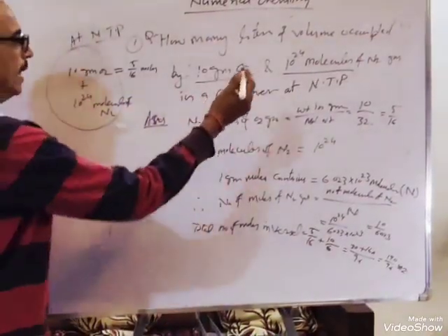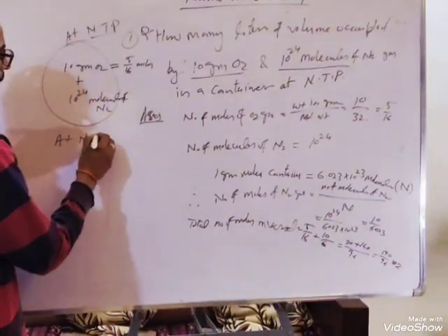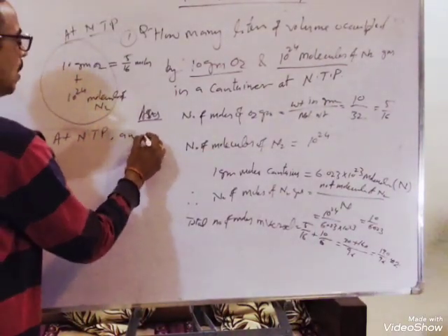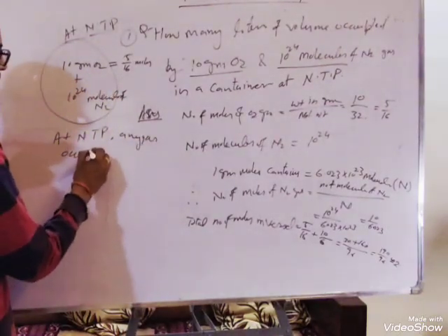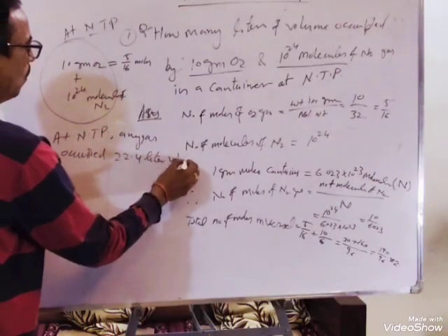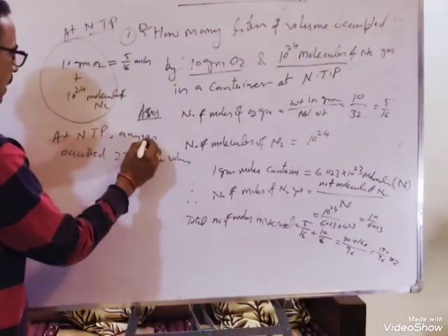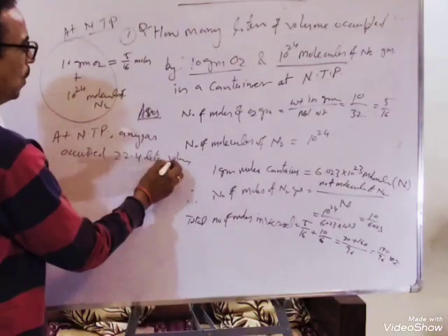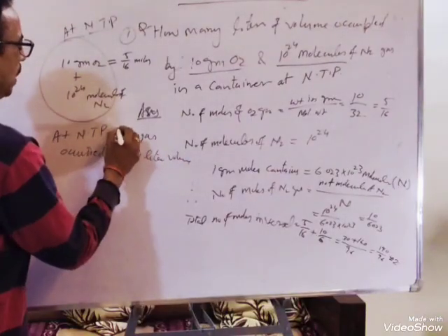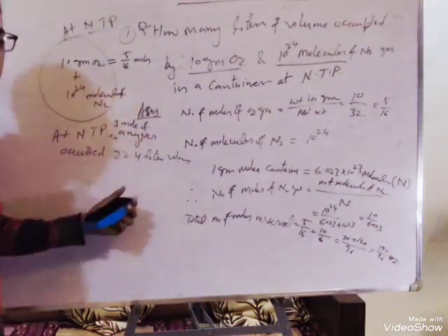You know, at NTP we have already seen, any gas occupies 22.4 liter volume, or you can say 1 mole of any gas occupies 22.4 liter of volume.